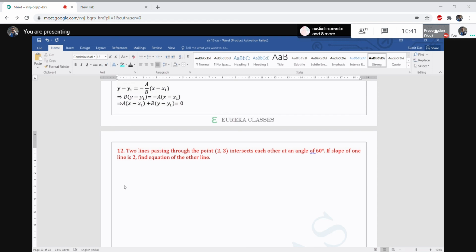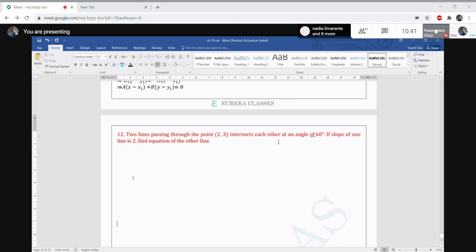So two lines intersect at 60 degree. Okay, so one slope is given, another slope we have to find out.